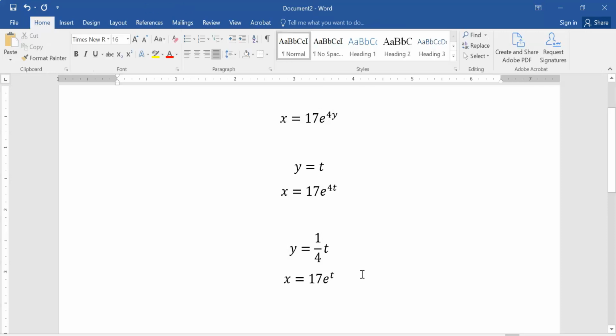So that's a nice one too. You can make that more and more complex if you'd like. And again, this pair of parametric equations will give you the same curve, but your point is going to travel at different speeds along that curve.